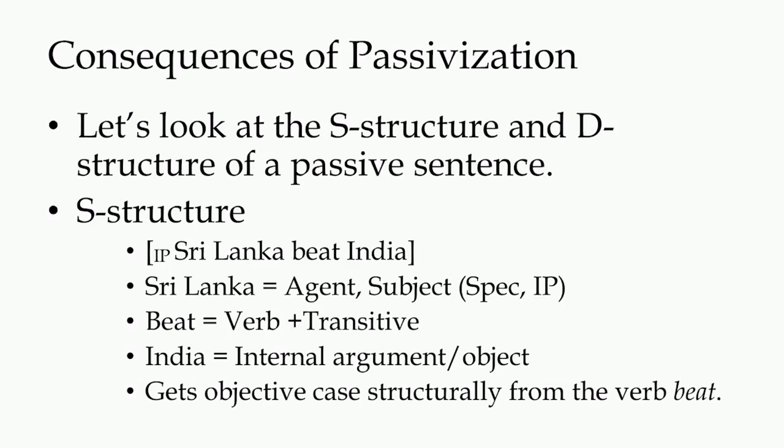Everything is in place. The subject Sri Lanka gets nominative case from the finite IP, and the object India gets accusative case structurally from the verb beat. Everything is taken care of.